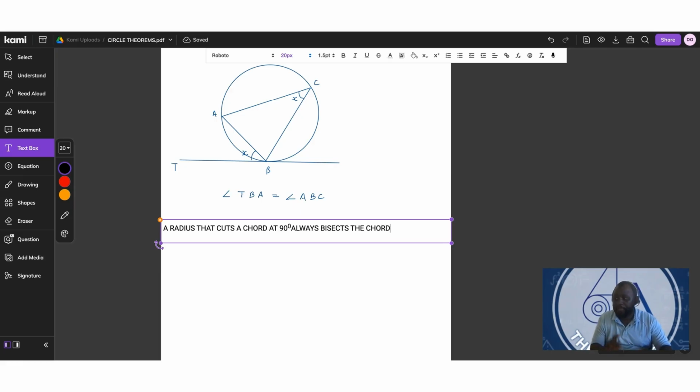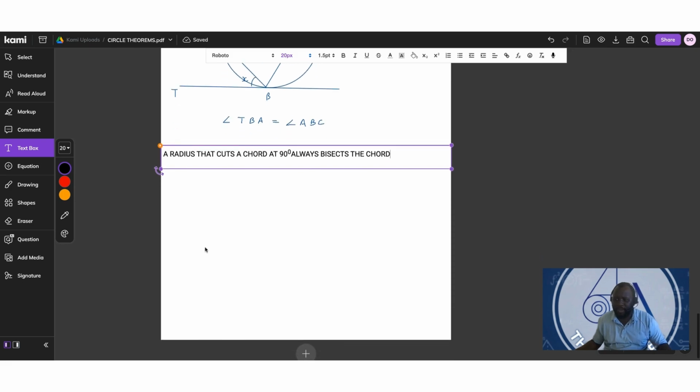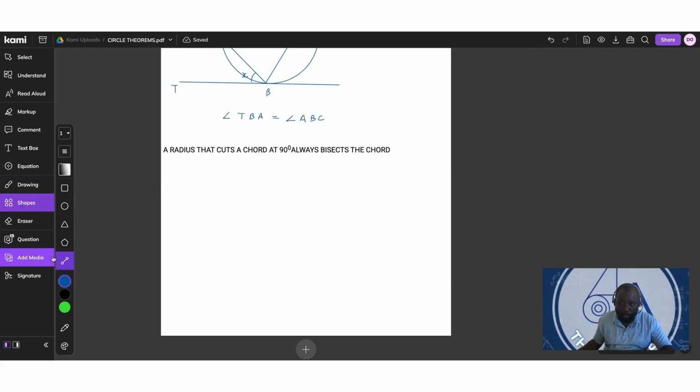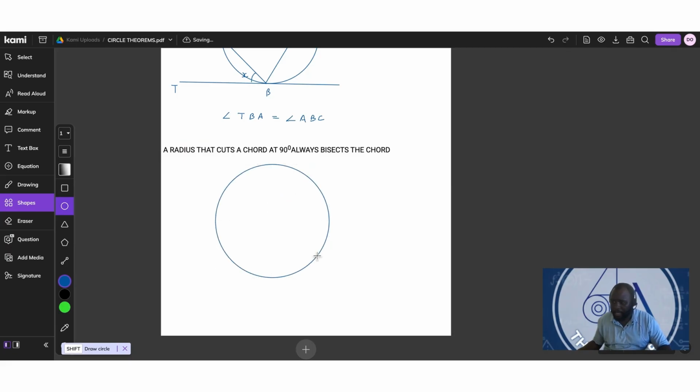So what does that mean? It always splits the chord into two halves. Most of the time, this question involves Pythagoras theorem in disguise. So whatever we are dealing with in this last part, the questions will always involve some sort of calculations that bring in Pythagoras theorem.